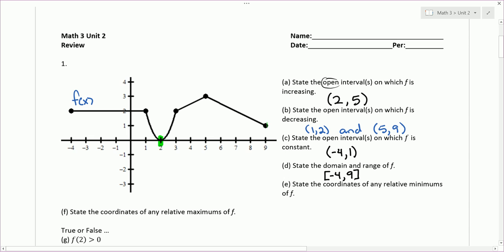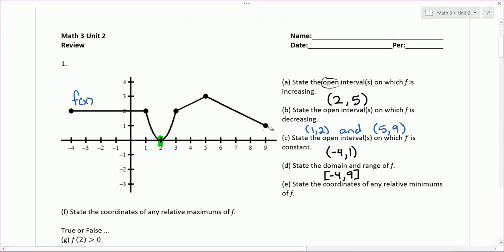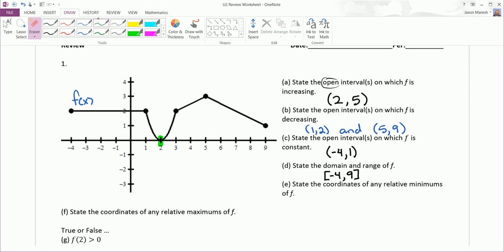If you look at the last point that I'm highlighting, that's not a relative minimum, because we're decreasing, but it's not a changing point. There's nothing after that. We're not increasing after that. So don't include endpoints as relative mins or relative maxes, even if they look like they're the lowest or highest spots of your graph.